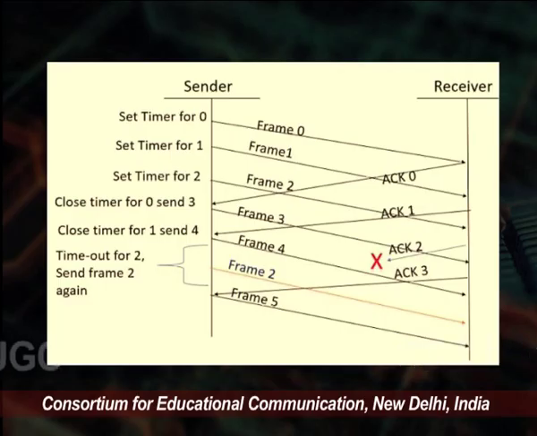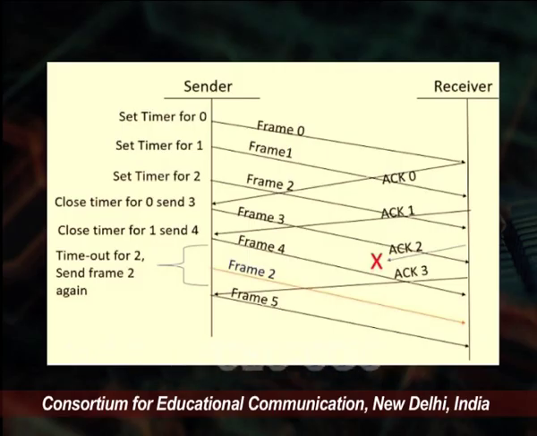Then we go with the second frame, obviously without waiting for the acknowledgement of frame 0. So, we set the timer for 1 and frame 1 has been sent. Meanwhile, ACK 0, which is the acknowledgement for frame 0, has been received at the sender's end, and similarly acknowledgement 1 has also been received at the sender's end.